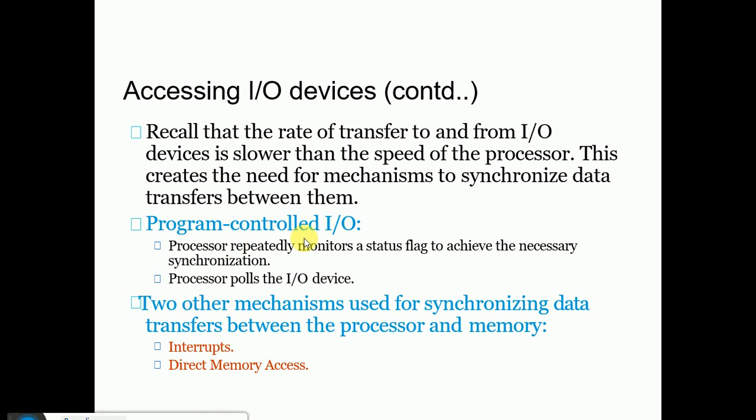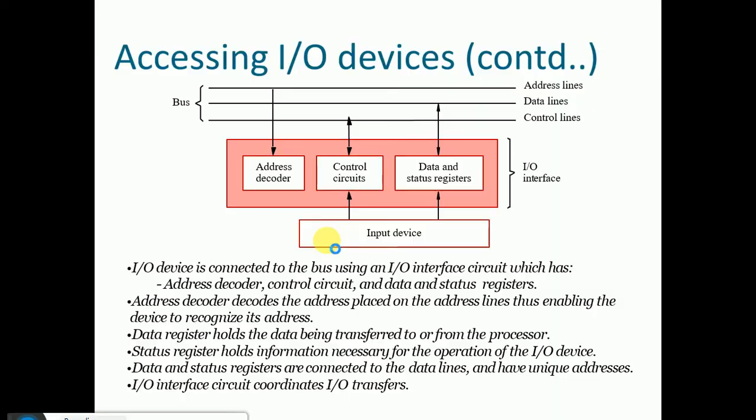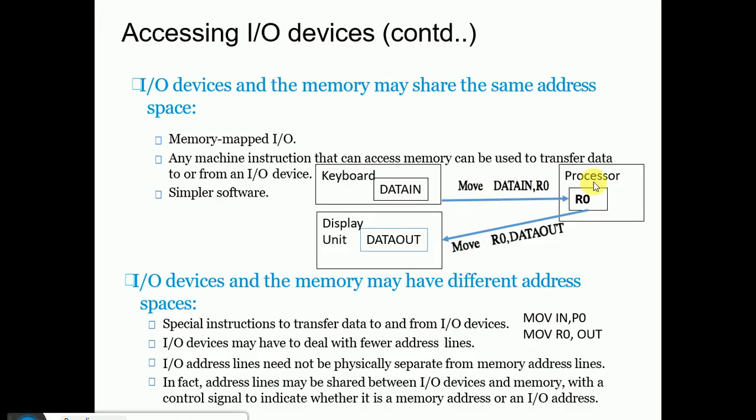For example, program control means in software we have some techniques. I have already given you this example, in which I passed two commands: move data in R0 and move R0 data out. These commands are responsible for accessing the registers and transferring data between the processor and input output devices.